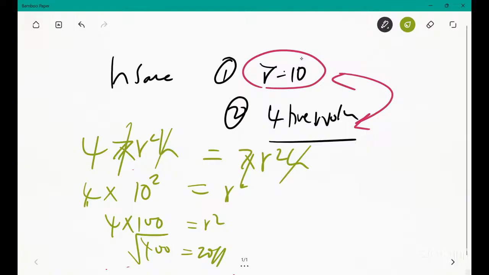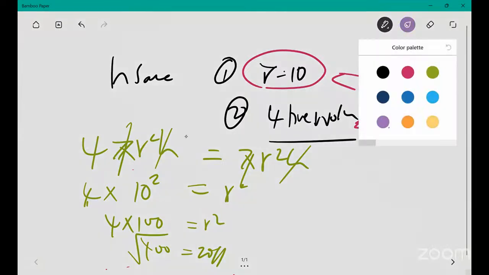The question itself is confusing, which one has what, but the understanding is easy, I think. So here it says two cylinders have equal height, so the height gets cancelled.